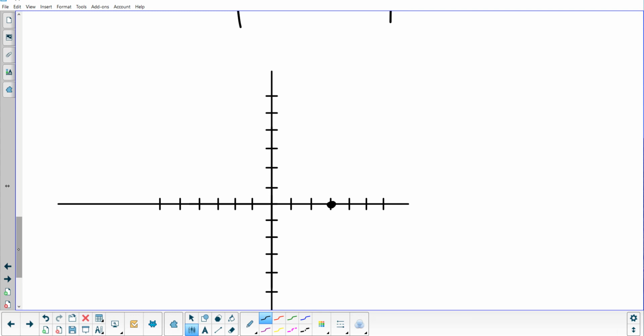It's going to be on the y-axis. It's just going to be up 6. Yep. So up 6. 1, 2, 3, 4, 5, 6.